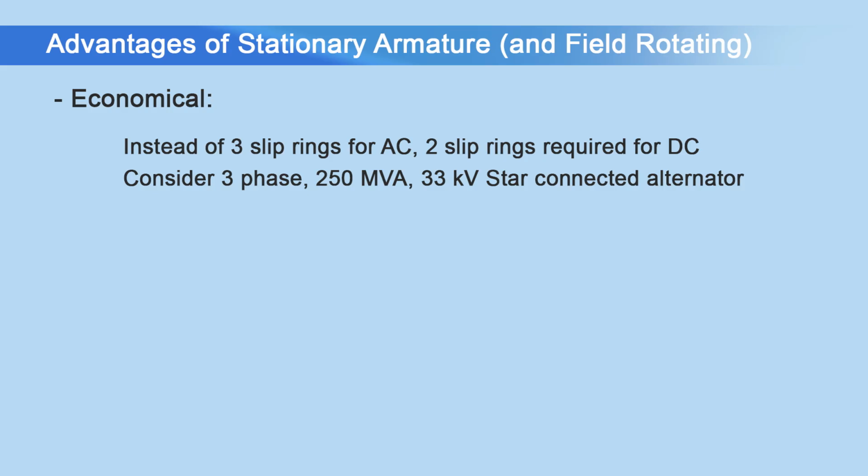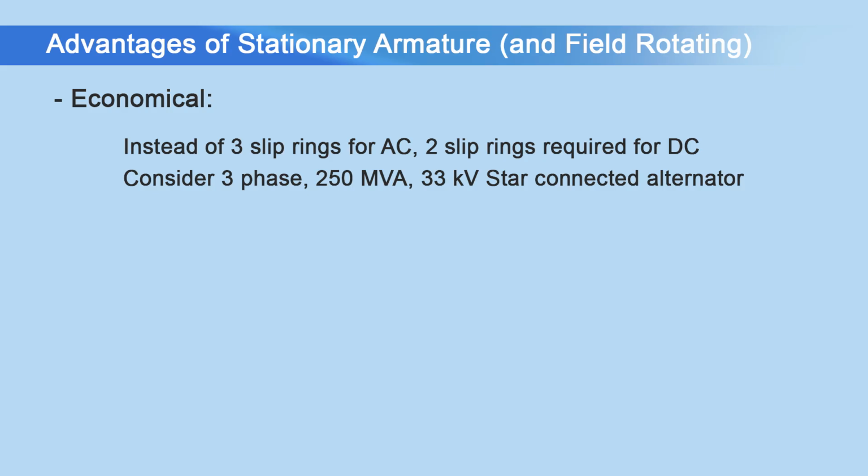Now, we have to extract the power. For this purpose, we will need 3 slip rings, because we have to generate 3-phase power. So, minimum 3 slip rings are required, and for neutral also, in that case there will be requirement of 4 slip rings.